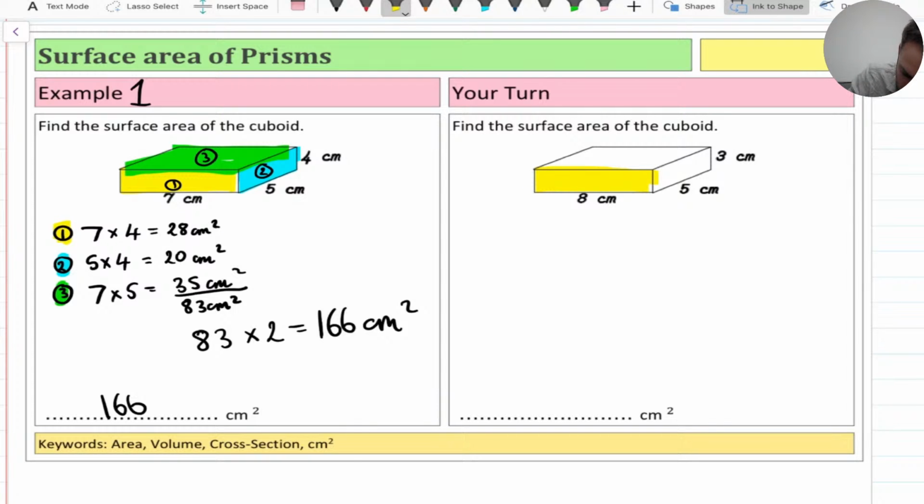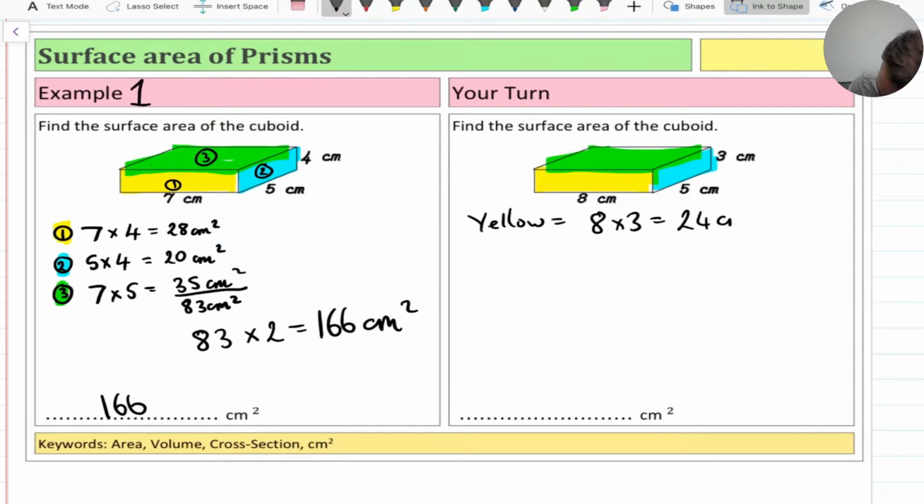So we'll call it yellow, blue and green this time. Doesn't matter what we call it, as long as we show the examiner what we're doing. So we've got the yellow, which is the front, which is going to be 8 times by 3. 8 times by 3 is 24 centimeters squared.